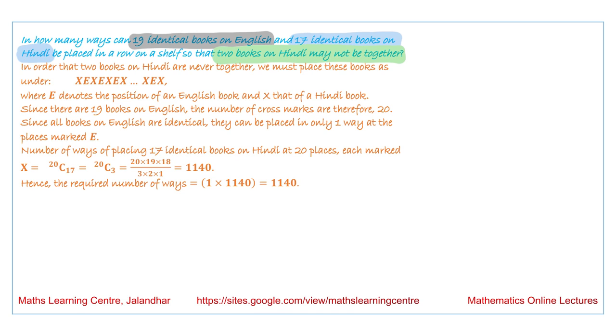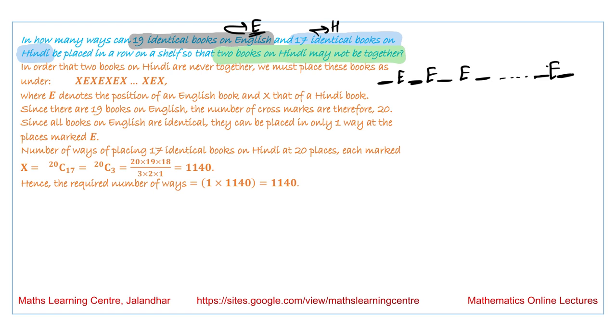We represent the English books with E and the Hindi books with H. The English books can be arranged in this way: an empty space, then an English book, then an empty space, then an English book, and so on, with an empty space at the end.